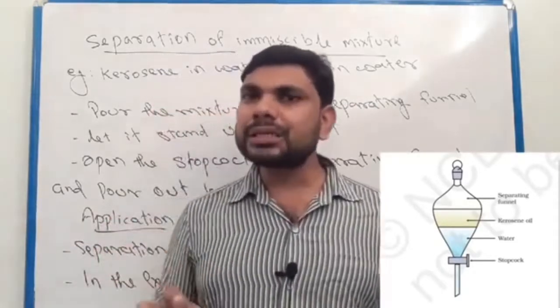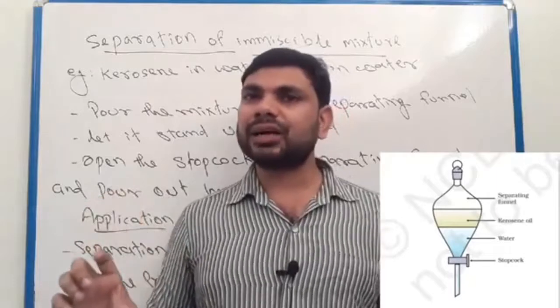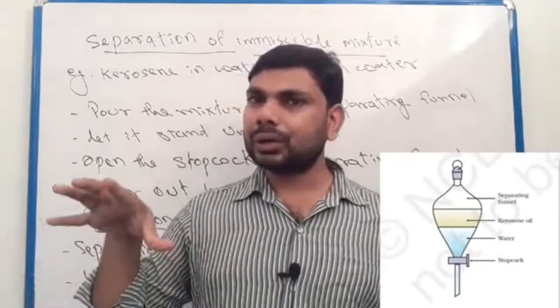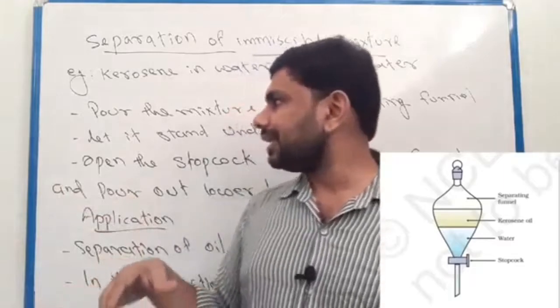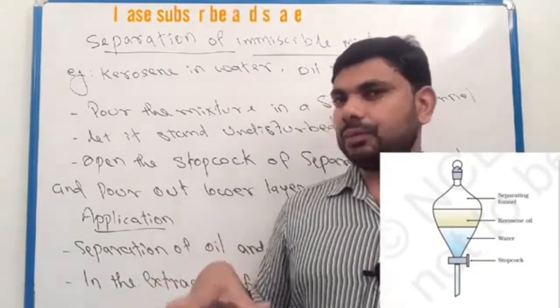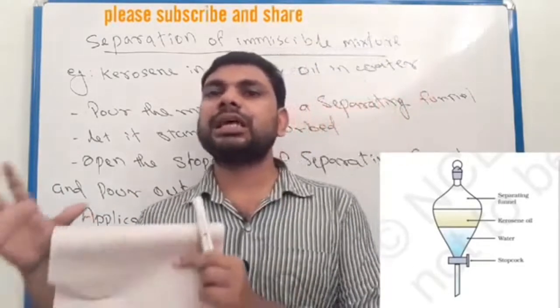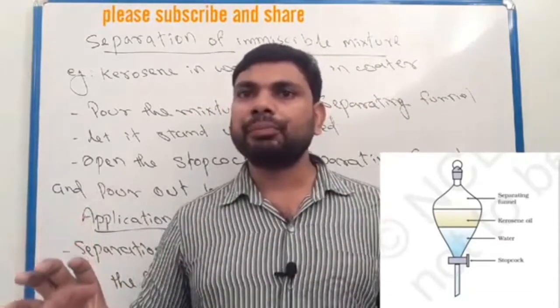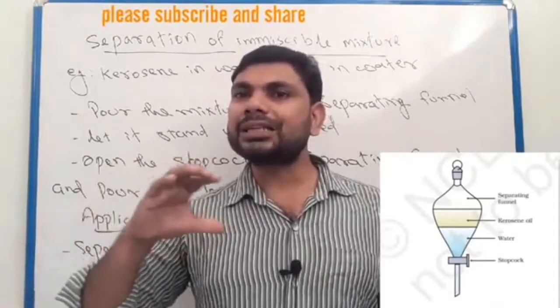Take the immiscible liquids in a separating funnel and shake well, then keep it in one place. Let it stand undisturbed, which means keep it in one place and do not shake it. Then it forms two separate layers.